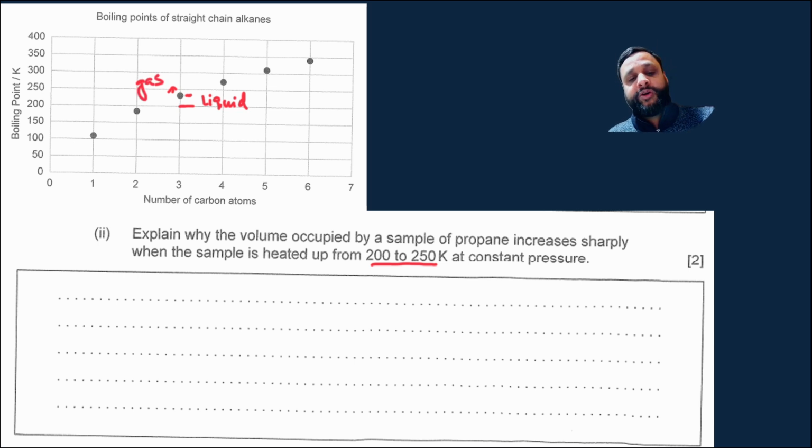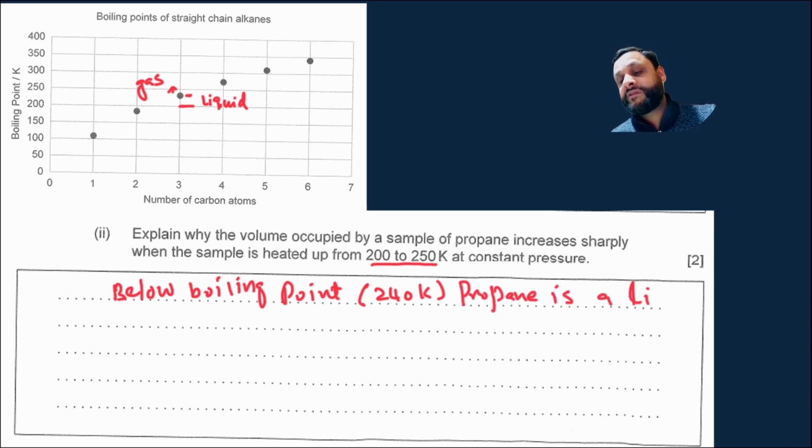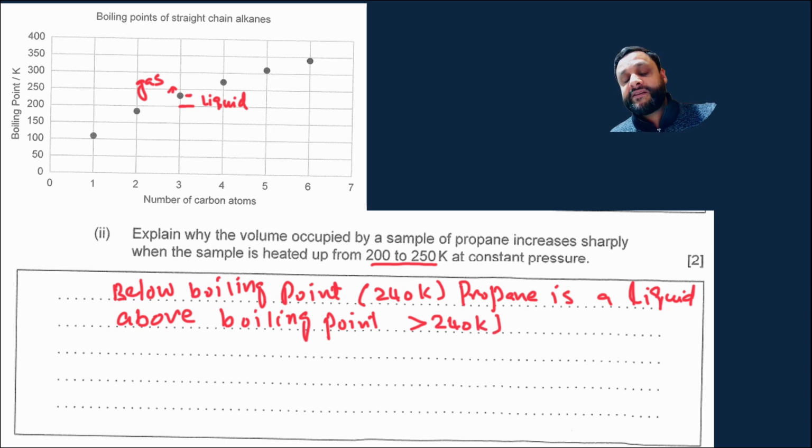So I can write, below the boiling point, which I read from the graph, though it is not very clear, say 240 Kelvin, propane is a liquid, and above the boiling point, which is greater than 240 Kelvin till 250, propane will be a gas.